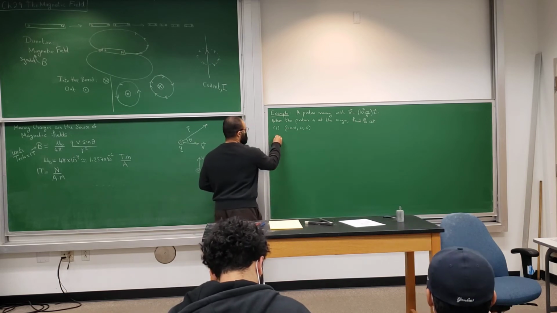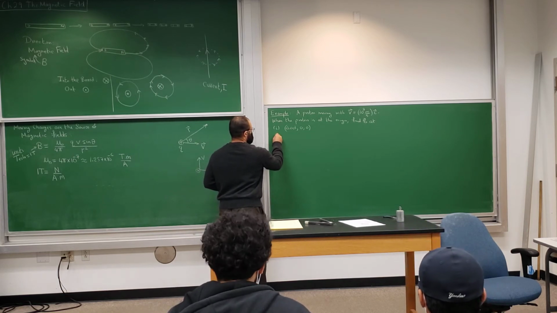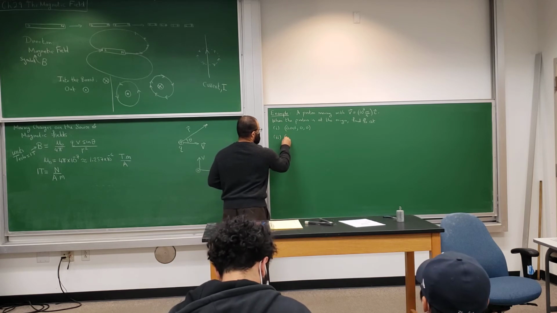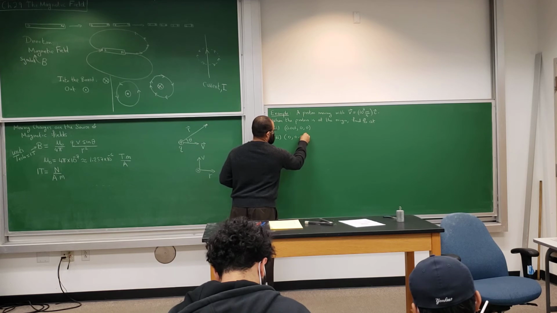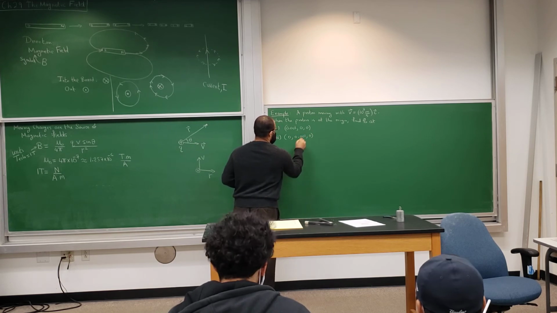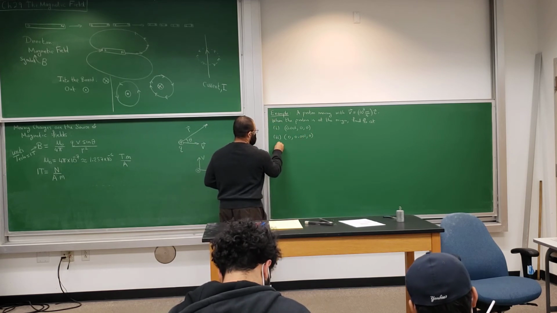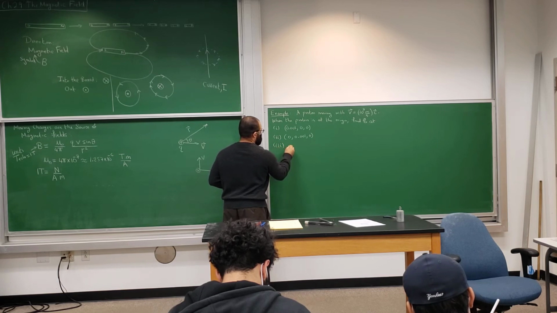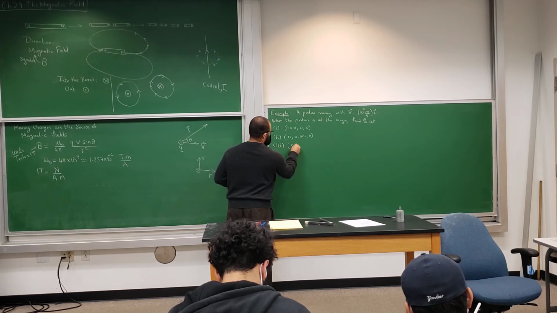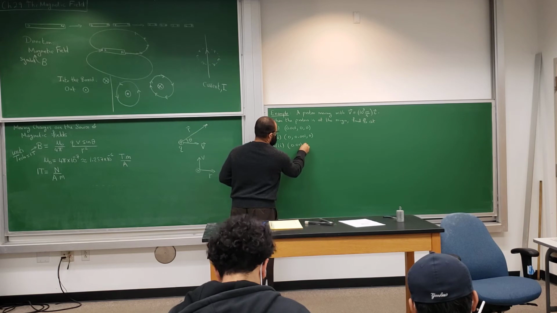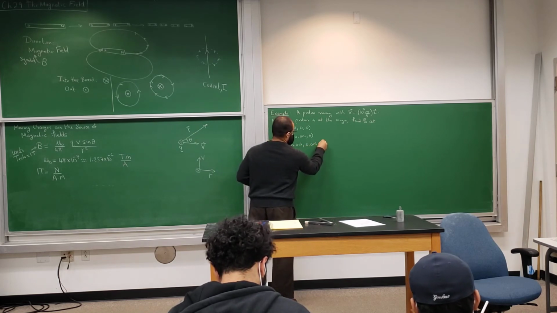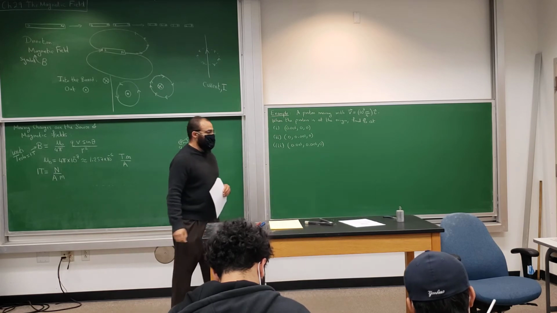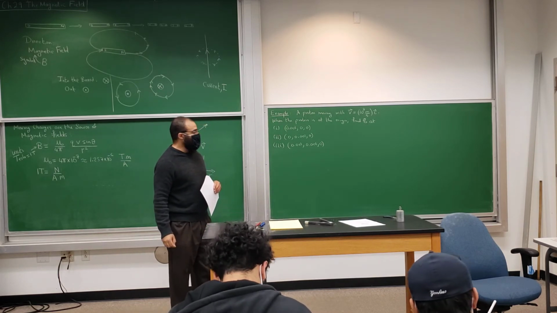The second point is 0, 0.001, 0. And the third one is at 0.001, 0.001, and 0. So we'd like to find the magnetic field at these 3 points.